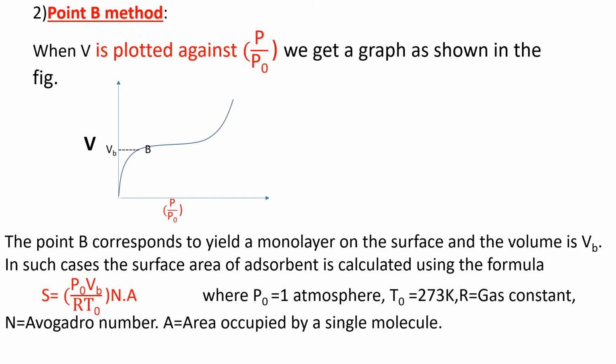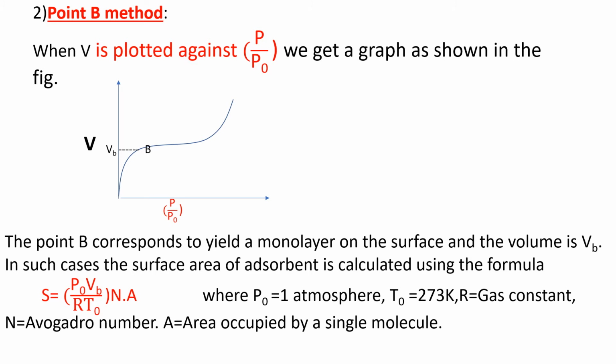On substituting all these values, one can calculate the value of S, that is the surface area of the adsorbent. Here the VB value is taken from the graph on plotting V versus P by P0. That method is called the point B method.